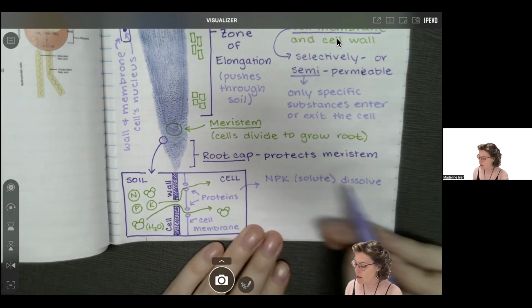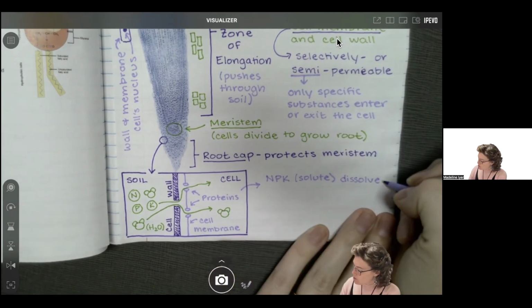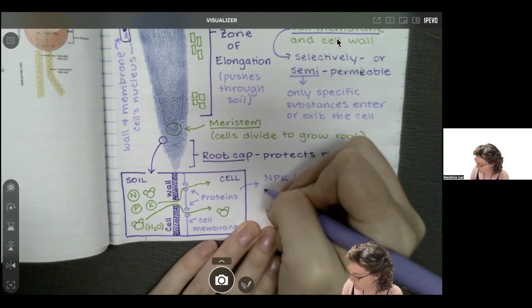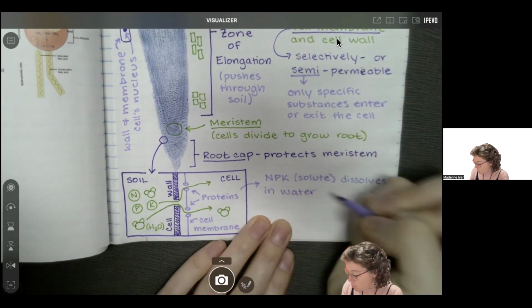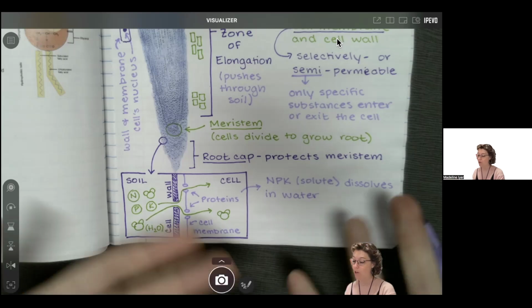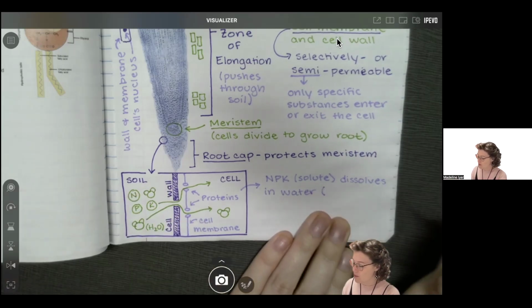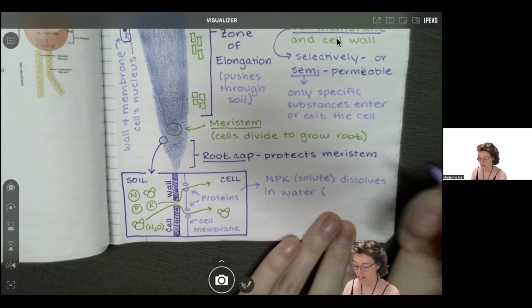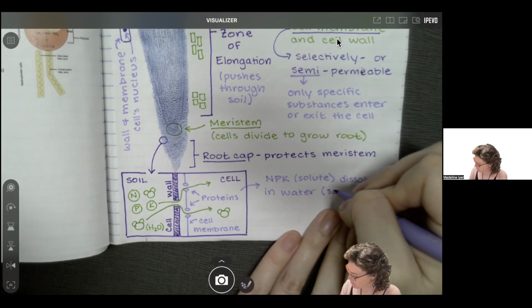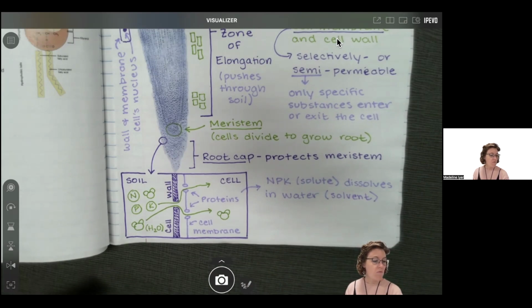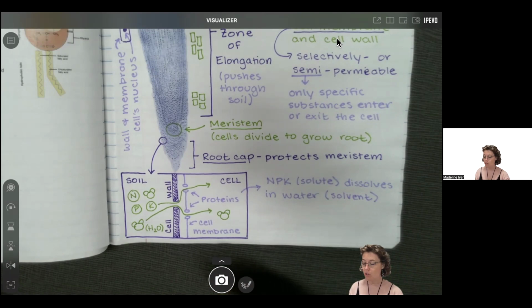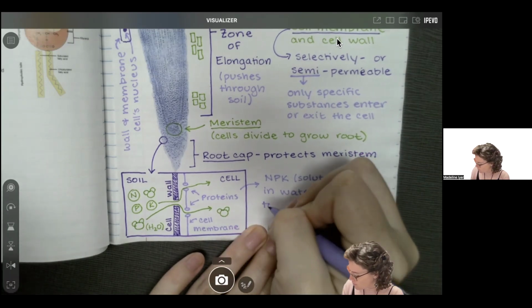So that N, P, and K, that solute, dissolves in water. That would be our solvent. That's the water in the Kool-Aid, or in this case, the water in the liquid inside the plant. Got that dissolving in the water to form a solution.